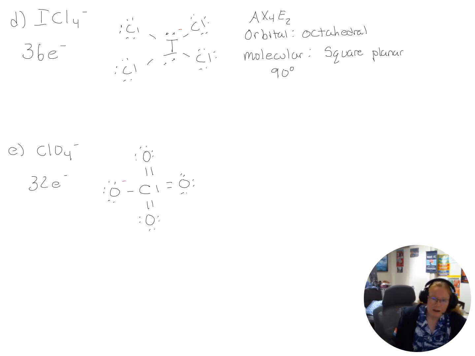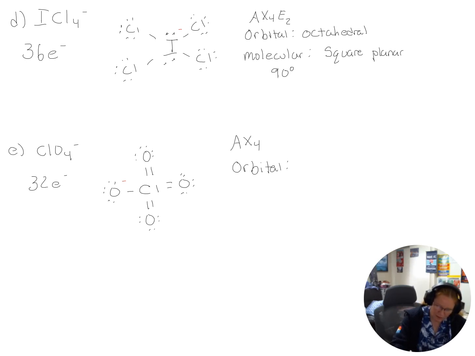So I have a central atom and I have 4 things bonded to it. That's it. So we have 4 total electron groups. So what's this one? Tetrahedral.